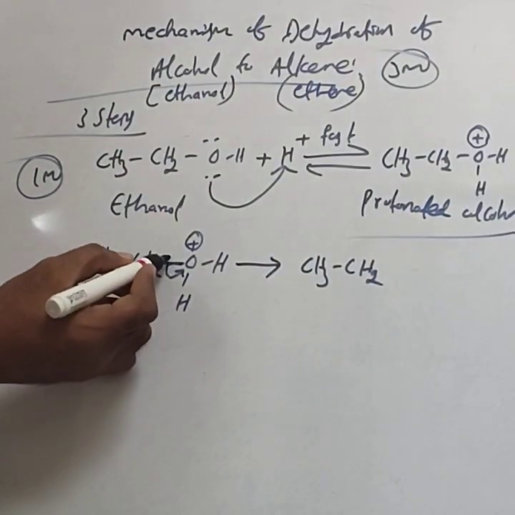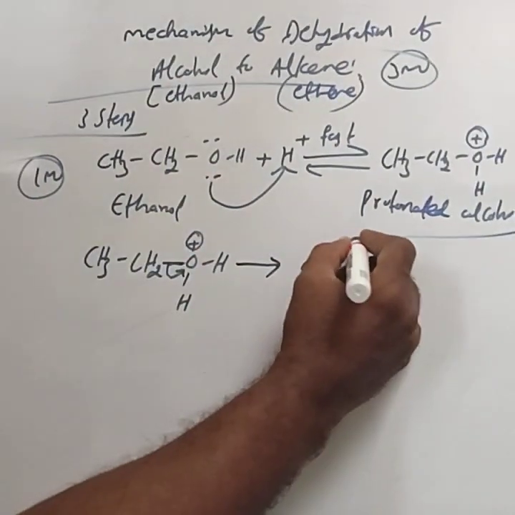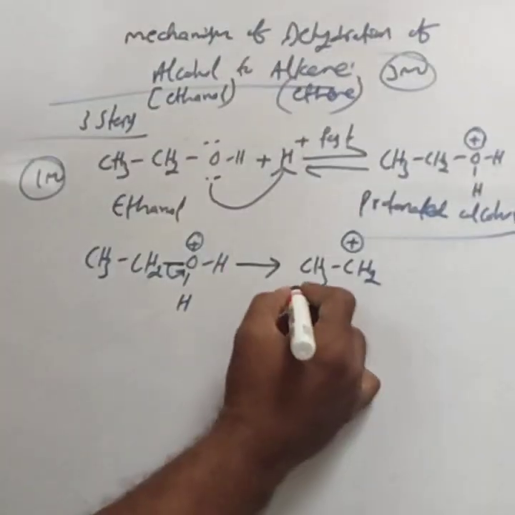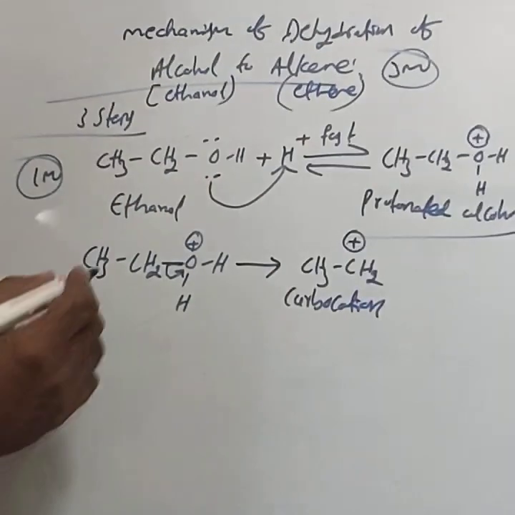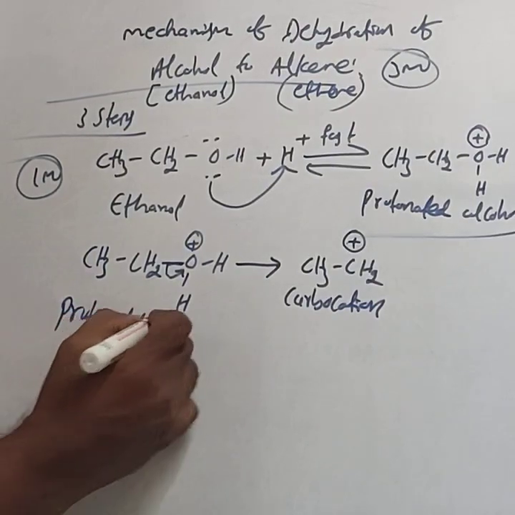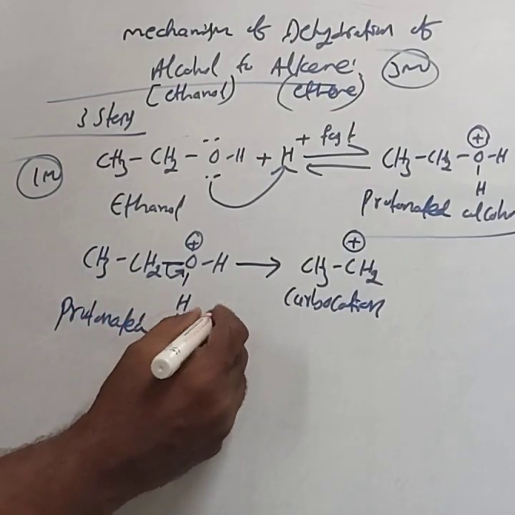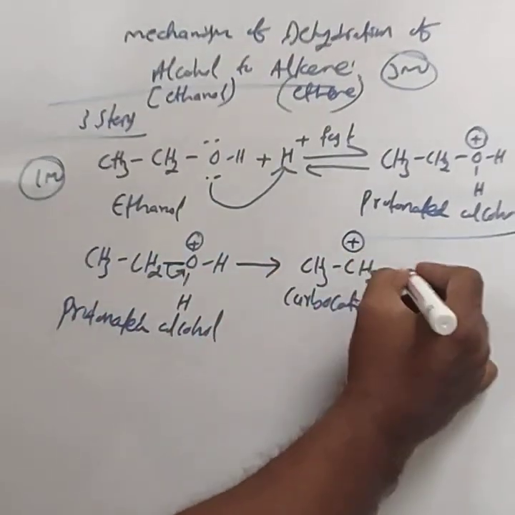If these bonded electrons move towards the oxygen, carbon gets the positive charge. This is called a carbocation. Protonated alcohol forms the carbocation.